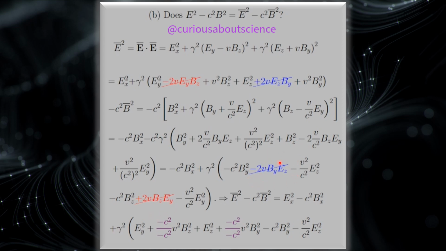You see that the blue term here cancels with the blue term in the e squared, and then the red term cancels with the red term from the e squared as well. So by taking their difference, what we see is that we get e squared x minus c squared bx. We factor out the gamma. We can plug in a multiple of 1 here from distributing, of course. Everything tends to work out, and let's let algebra ring through.